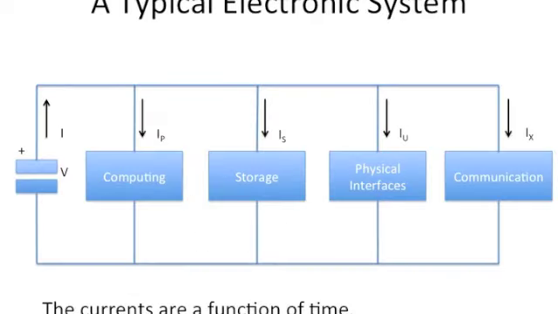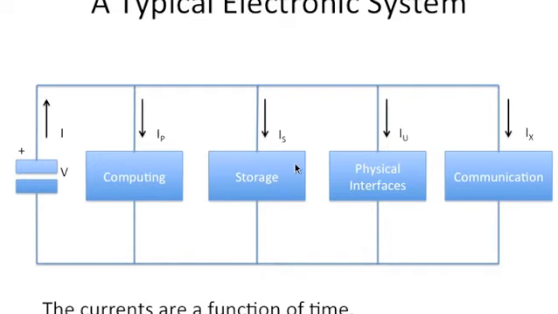So, a typical electronic system, right? A modern system which you see and use nowadays basically has these major components. One is, of course, the computing, where you do your processing. Essentially, there is a microprocessor.